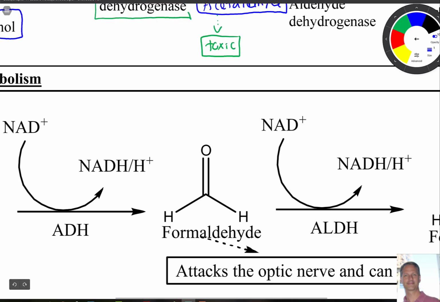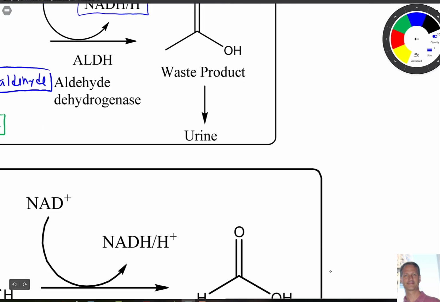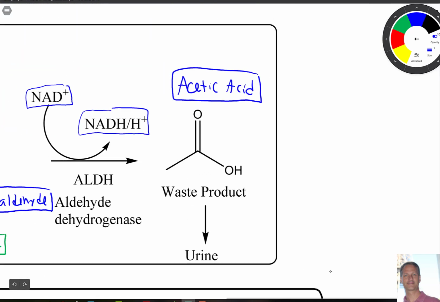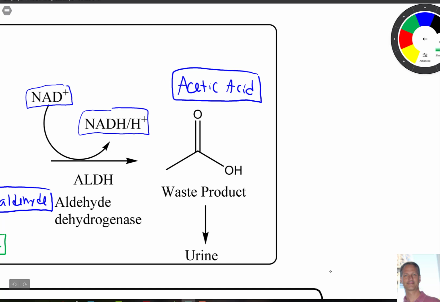The other thing I wanted to point out here, and I'm going to zoom in so I can fit it in, I didn't give myself a whole bunch of space here. I want to talk about some fates of acetic acid. It can go out through your urine.